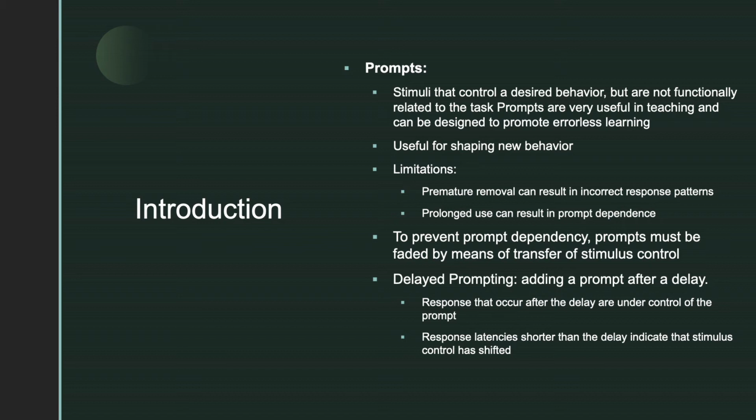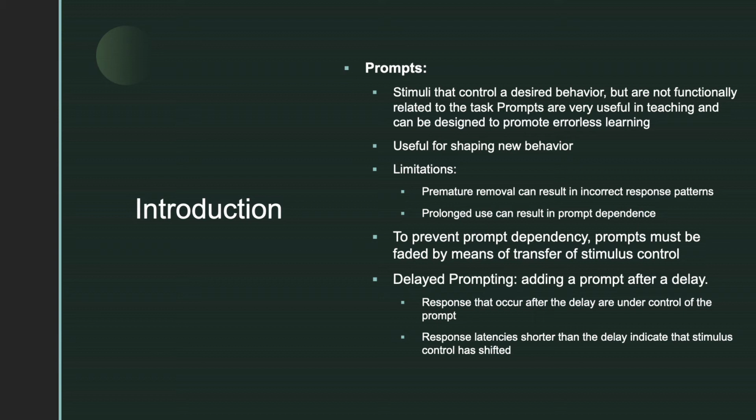For example, the instruction, wash your hands, the presence of the soap, the presence of the faucet, or the water, all the things needed to wash hands. But if those things do not control responding, then we may use prompting. So we may say wash hands and then physically guide the individual to turn on the water. We could pull out the soap dispenser.